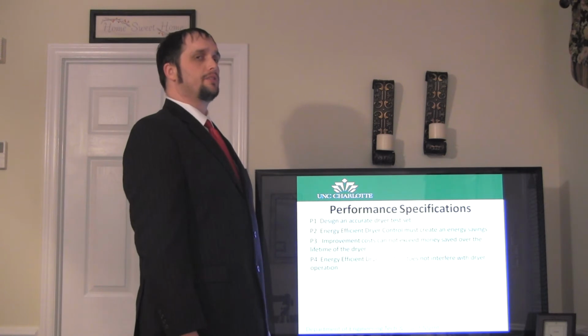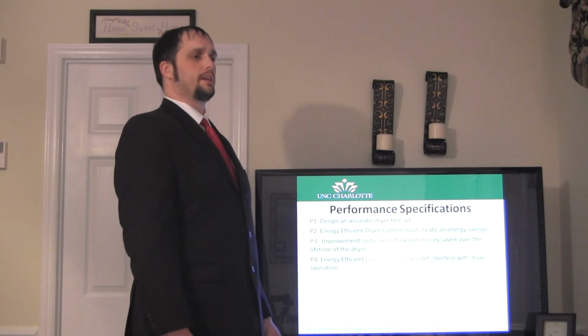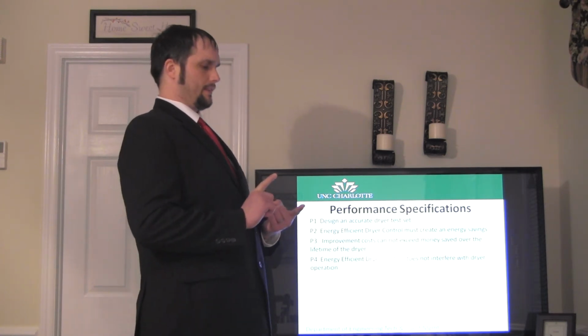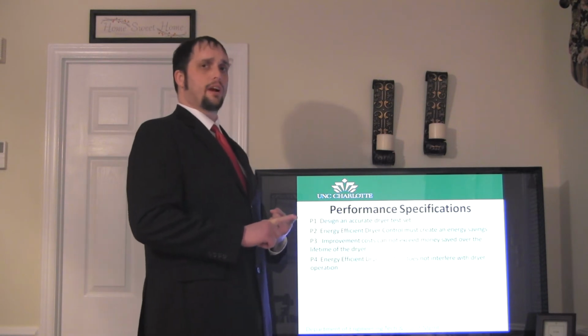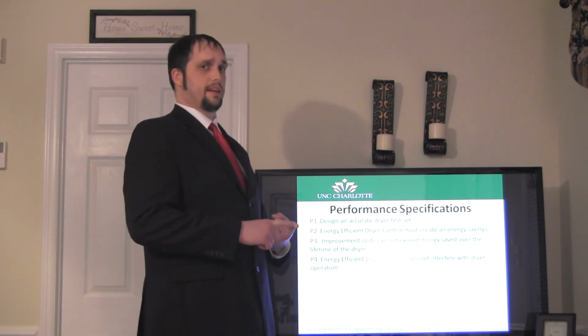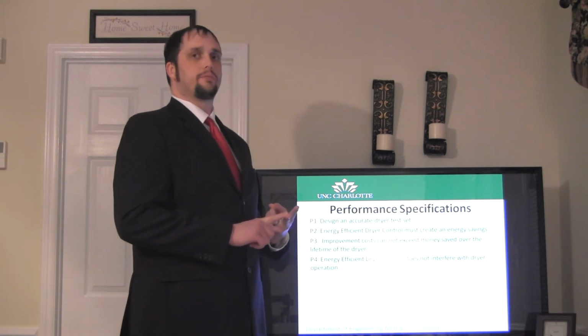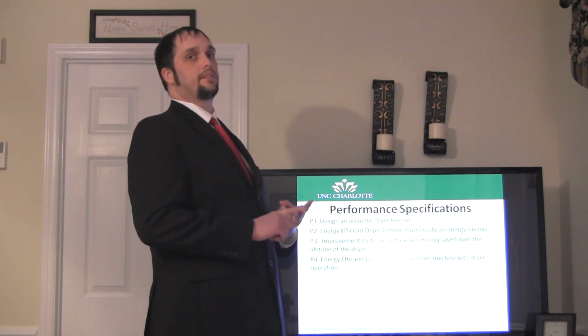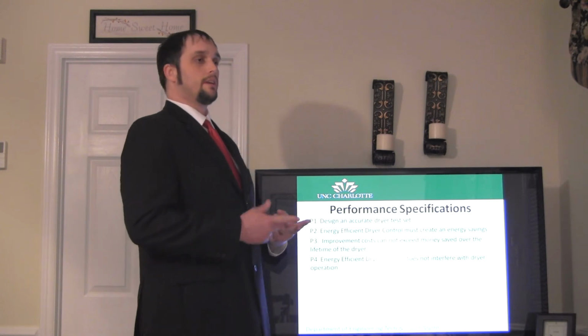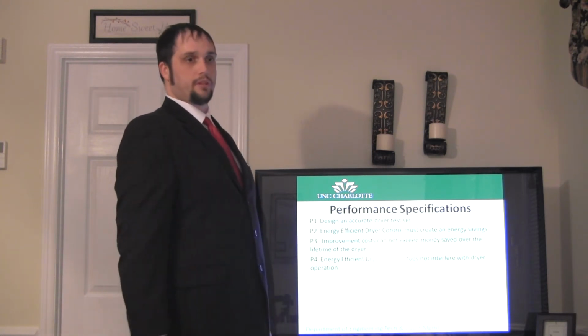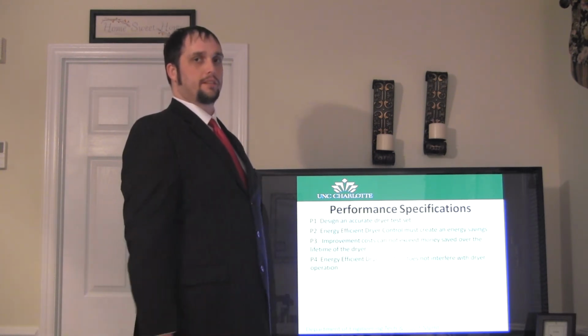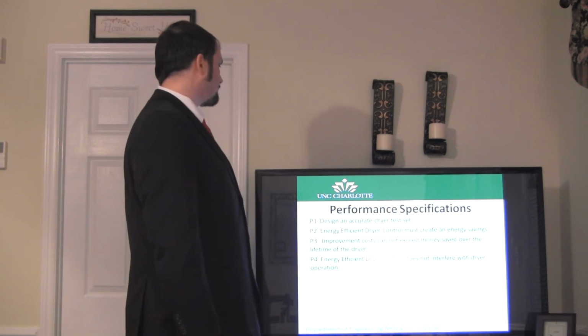And the two main benefits will be saving on repairs of your dryer, because it'll run less. The attachment will cut the dryer off and won't run as long. And the second will be a cost savings on your power bill. So those are the two main benefits that the attachment will provide.